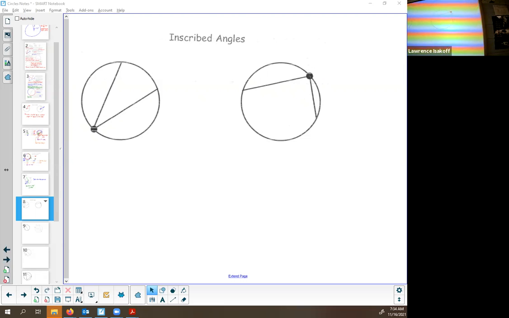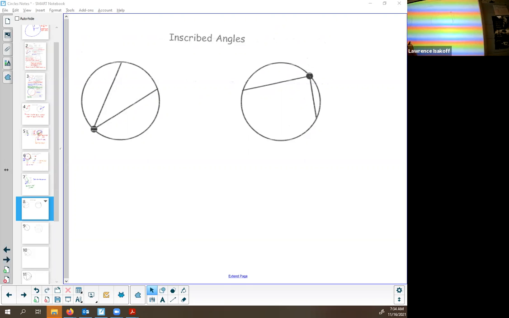So today's lesson is on inscribed angles. That is what we are going to be working on. So we're going to look at the relationship of the arc to the angle and the angle to the arc. This relationship is slightly more complex, but I couldn't get a relationship much simpler than central angle is equal to the arc it creates.